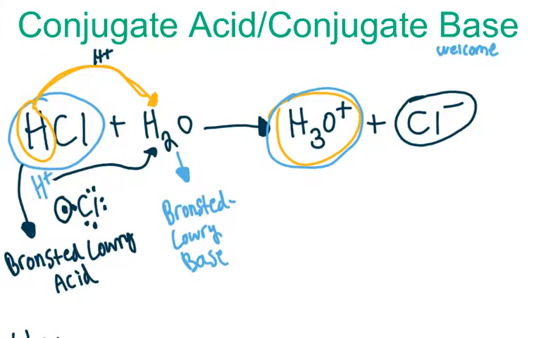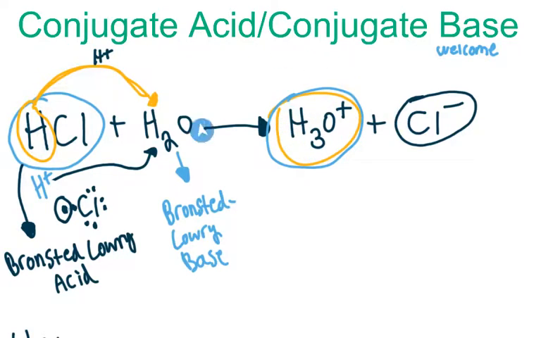So what about conjugate acid and conjugate base? Well, we see here that when we lost the hydrogen cation, we got a chloride anion. So for this strong acid, our conjugate base would be the chloride anion, because the conjugate base could also gain a hydrogen cation from the hydronium and become HCl.